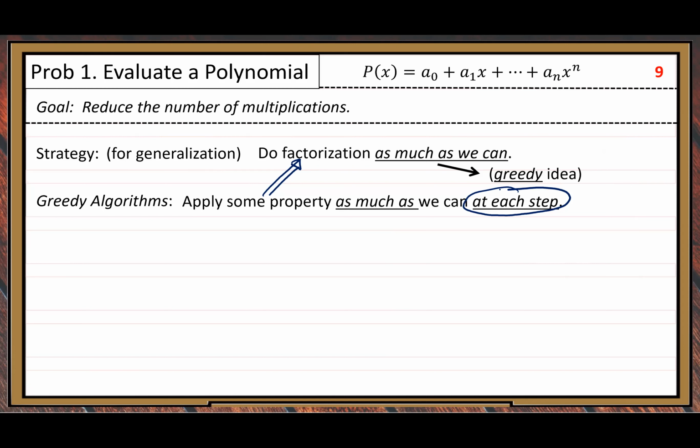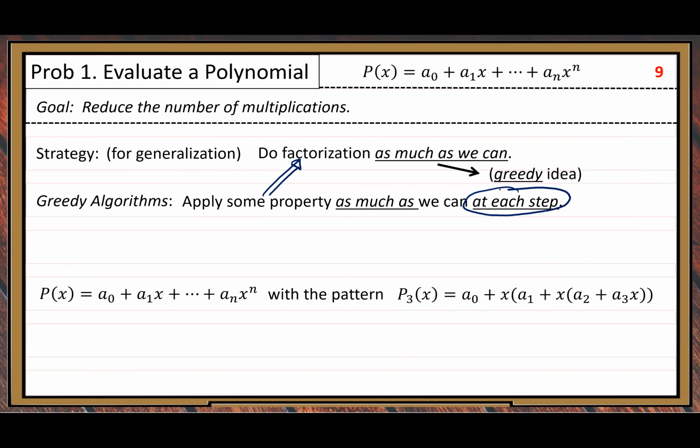How do we apply the greedy strategy here? Let's apply it. Given a general polynomial, when we do that factorization, we take the pattern we already have in our previous experiment for the cubic polynomial.